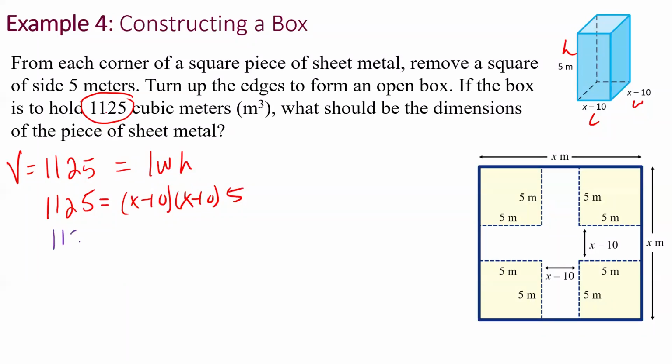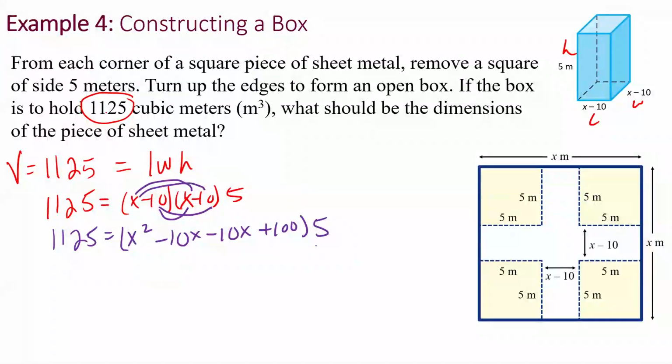Okay, so we have 1,125 equals x times x, which is x squared. X times negative 10, which is negative 10x, and negative 10 times x is negative 10x. And negative 10 times negative 10 equals 100. Okay. After I've double distributed with FOIL, what's left?